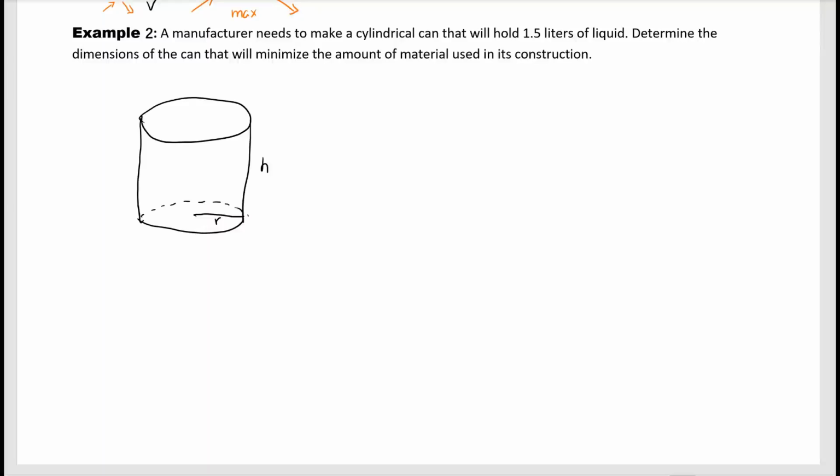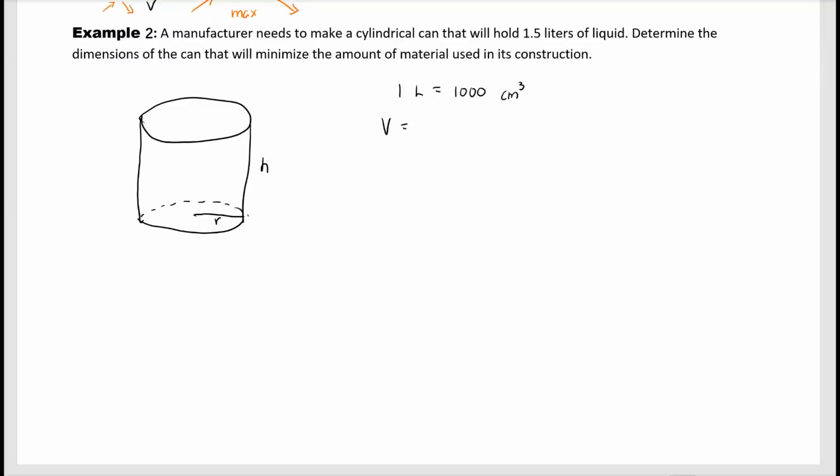Okay, we know that our goal is to hold 1.5 liter of liquid. Well, what is liter? So actually, 1 liter equals 1,000 centimeter cube. Okay, so 1.5 liter.